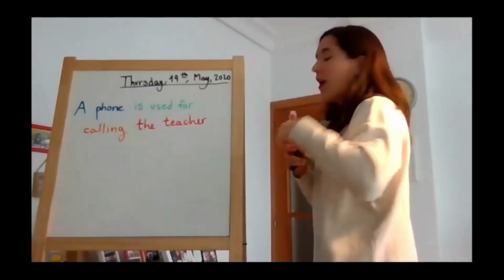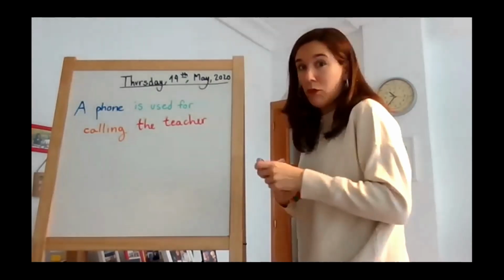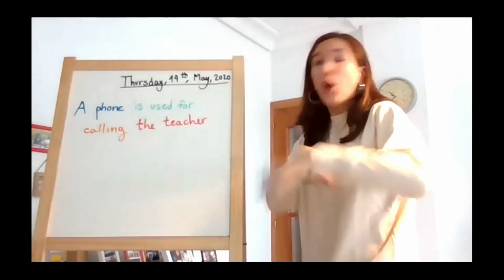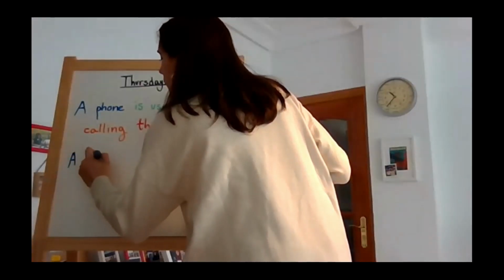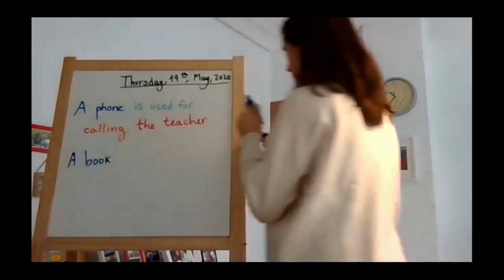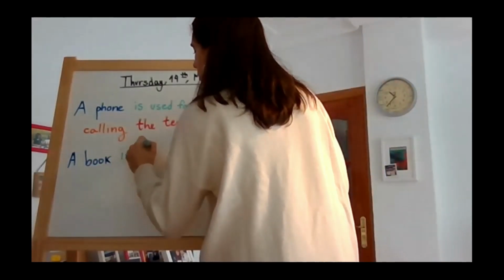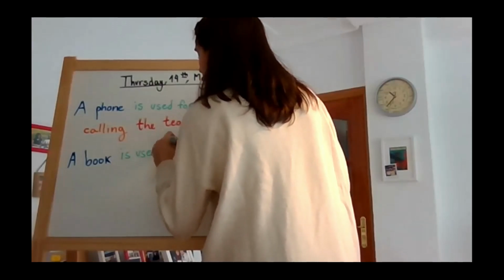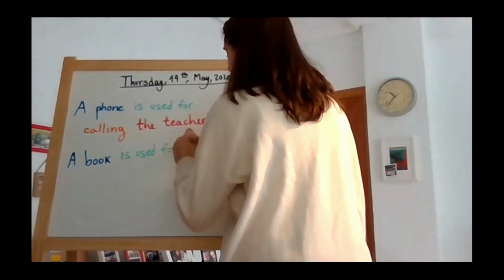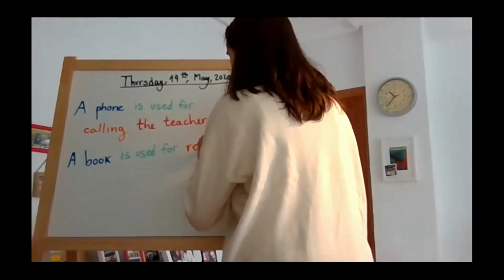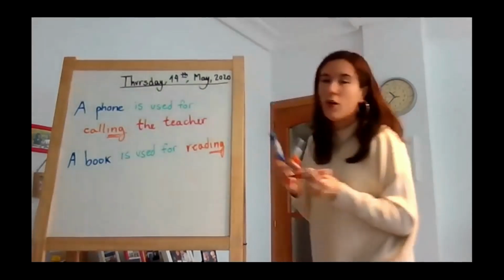Okay, we can use another one. For example, a book. We can use any object, machines, or any object in the world. A phone, a book. Is used for reading, mainly. Remember, calling, reading, okay?